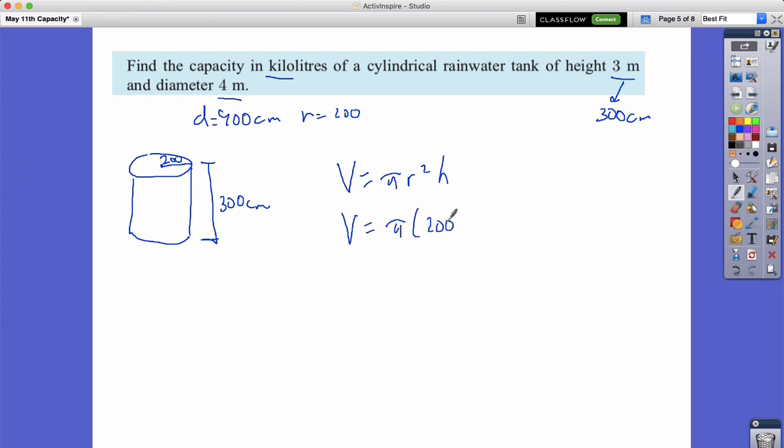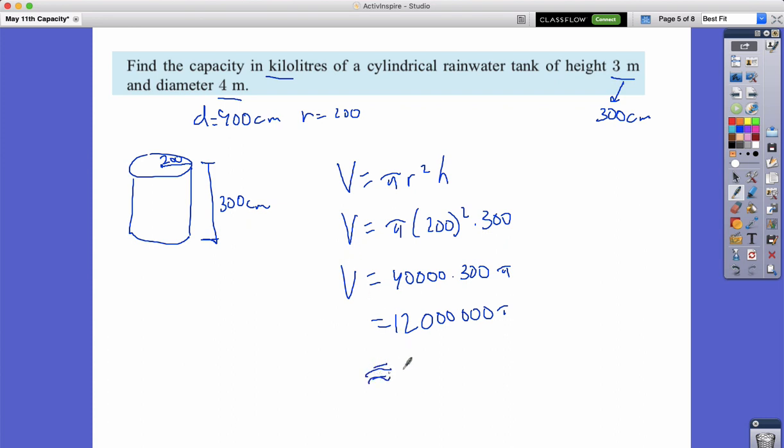So this is going to be 200 squared times 300 pi, which is 40,000 times 300 pi, which equals 12 million pi. And we do it on our calculator, and we're going to get this huge number.